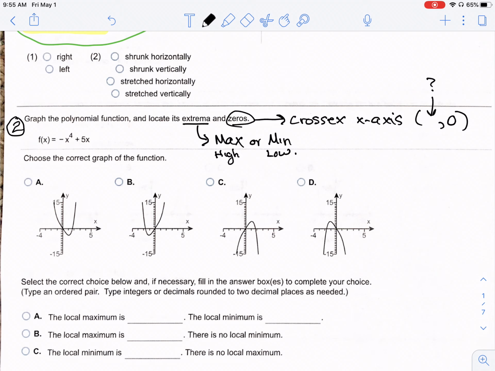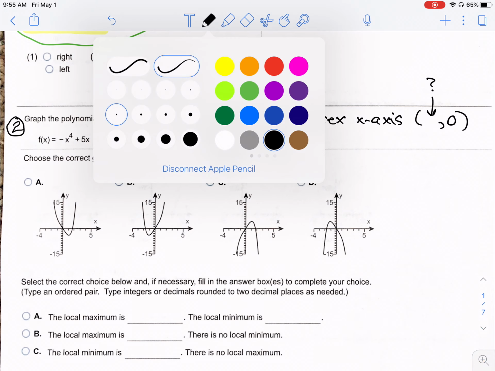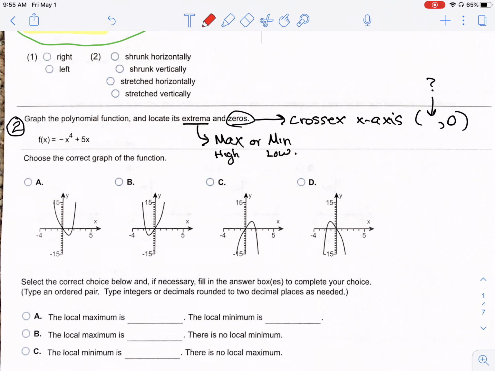So if we start looking at our choices for our functions, now you could type this in Desmos and find the one that matches, but even better, you could use what you know about your formulas now, and you can start to say, okay, well, this leading coefficient is negative. This exponent is 4, so this is our flattened out parabola.